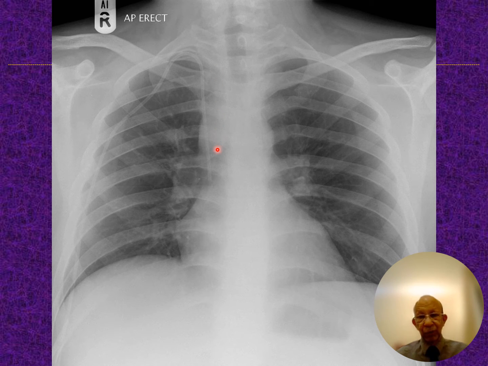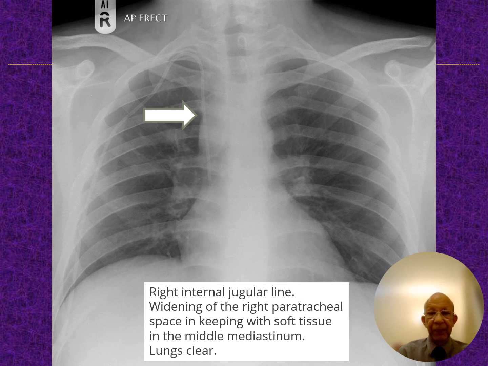So the broken rule is that the 3 millimeter right paratracheal shadow here is actually more. So widening of the right paratracheal space in keeping with soft tissue in the middle mediastinum, right? And this is probably lymphadenopathy, right paratracheal lymphadenopathy.